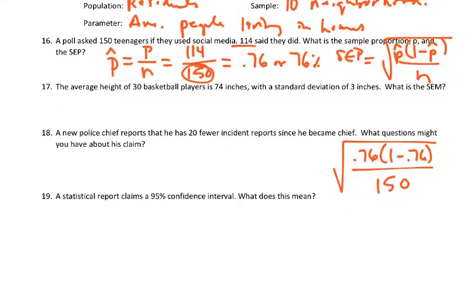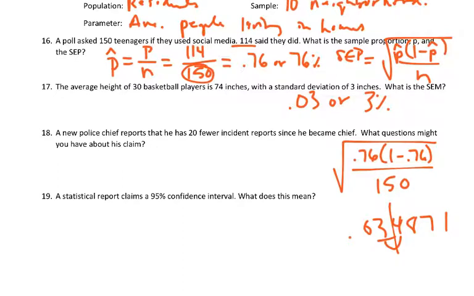So you type that into your calculator just the way it is. Okay, square root of, then do a fraction, 0.76 times 1 minus 0.76 over 150. That gives us 0.034871. So if we round to the nearest hundredth, basically it would be 0.03, or we could say 3%. Okay, for number 16.